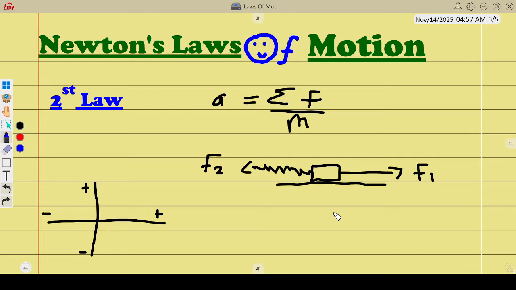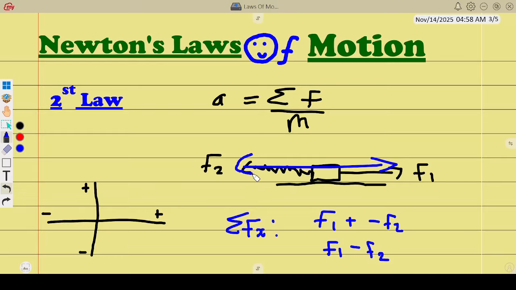So this will be force 1 plus force 2. But it is going to the left-hand side, meaning it should be minus. So we have force 1 positive and force 2 negative, so force 1 minus force 2. That's how you sum the forces. These are called forces in the x-axis. Yeah, that's how you add forces.